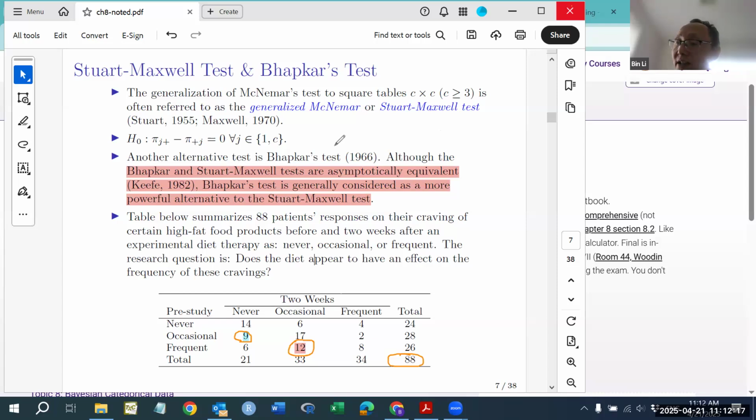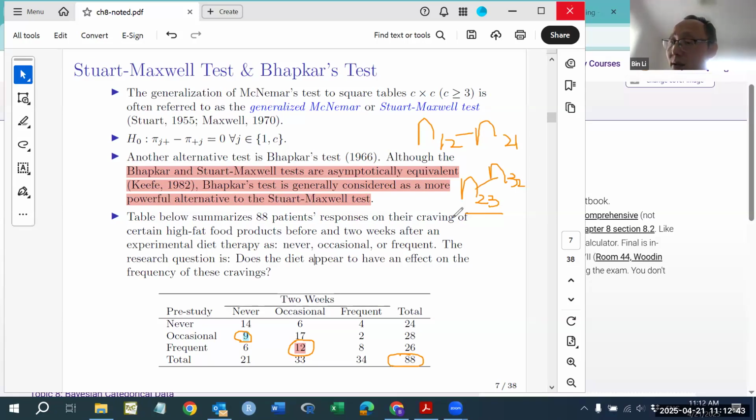Because think about it, this is about the symmetric off-diagonal elements. Do you know the symmetric? Like if we want to compare N1,2, we have to look at N2,1. Is that right? If we look at N2,3, then we should compare that with what? N3,2. Right? It's symmetric.